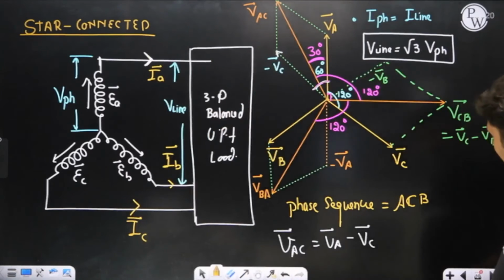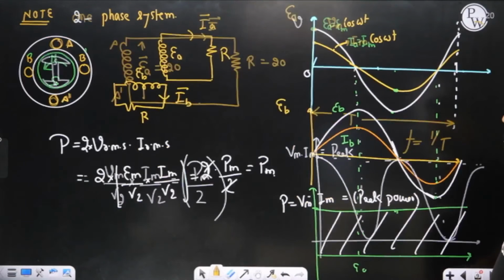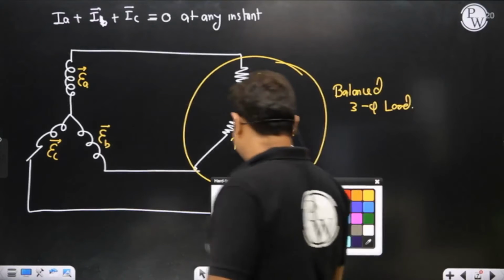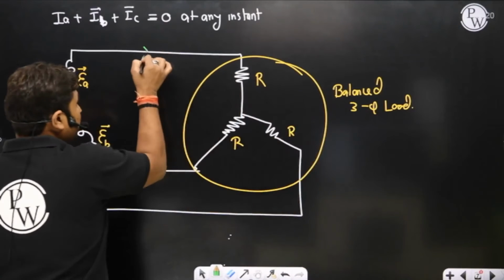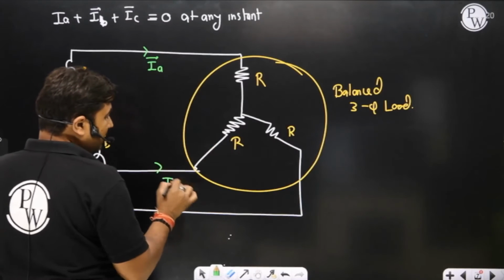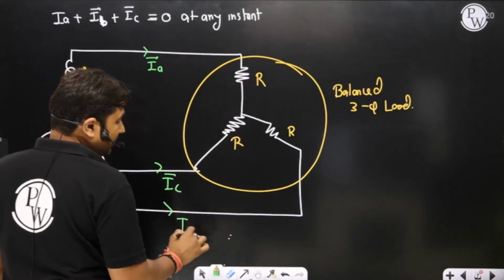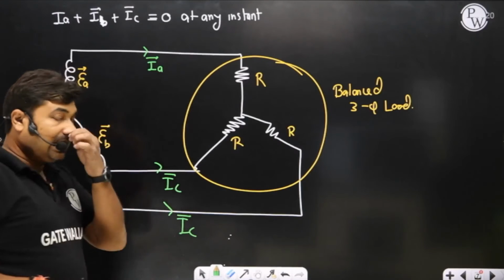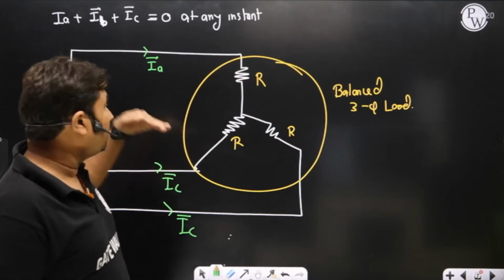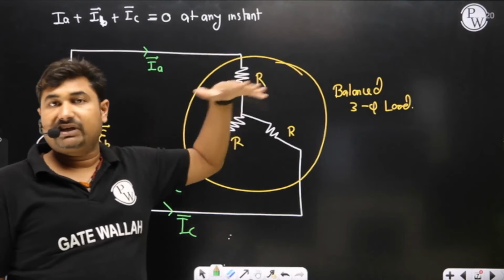Sir, net magnetic effect around the transmission will be zero means, see, since the currents are displaced in time by 120 degree, this IA, IB and IC are displaced in time by 120 degree. If the current flows through a wire, it will create flux.